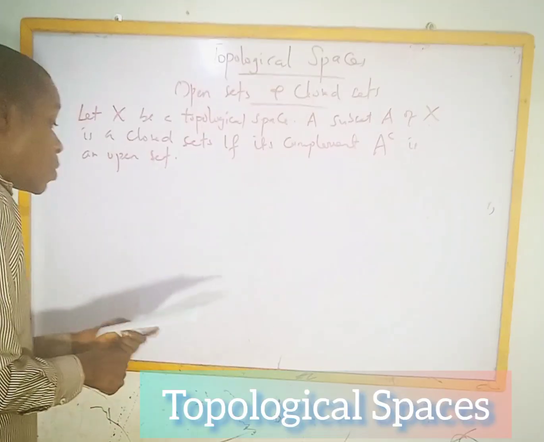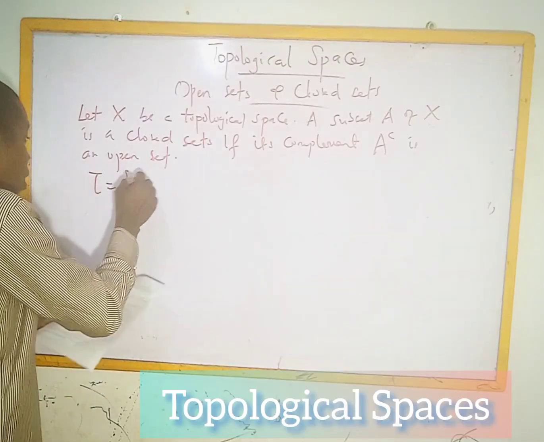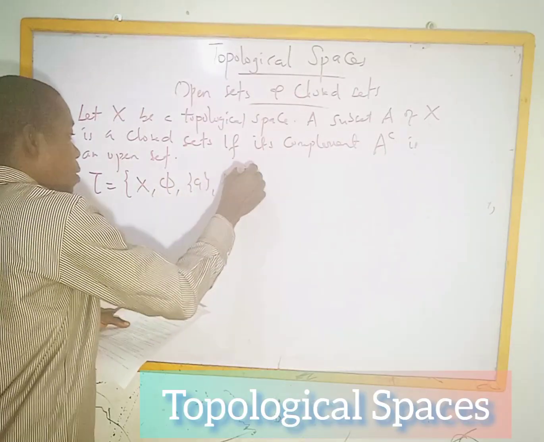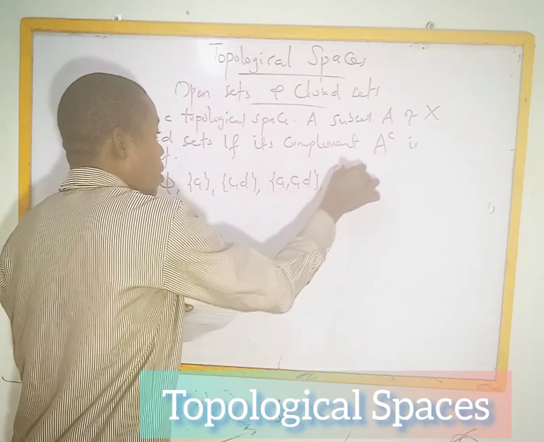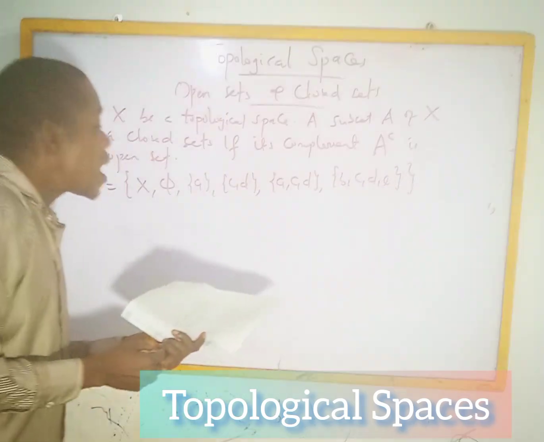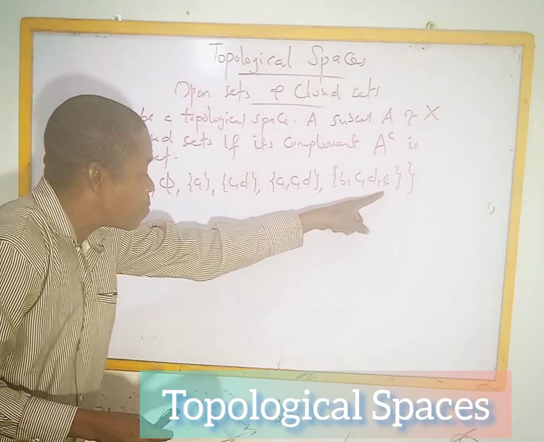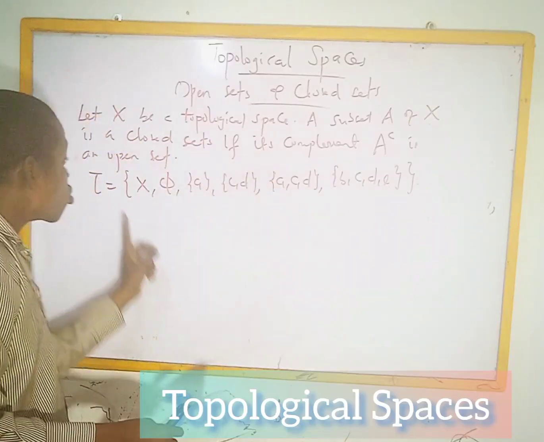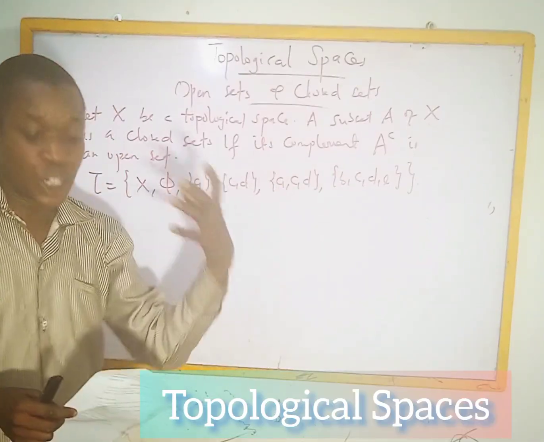Look at the previous example I gave. Let tau be X, the empty set, A, C, D, together with A, C, D and B, C, D, E. This is a topology, so these are open sets. Now, if I find the complement of each of these members, and the complement of that set is also a member of this topology, then that set A is a closed set.